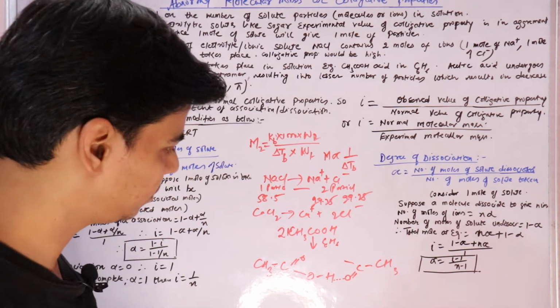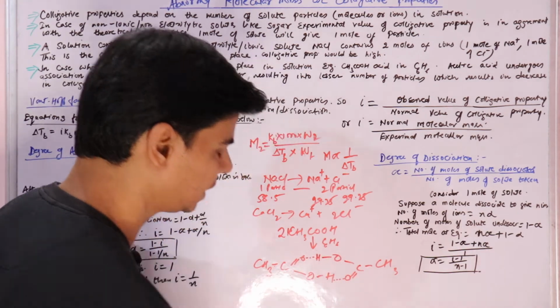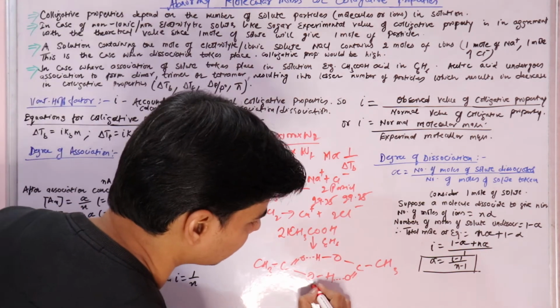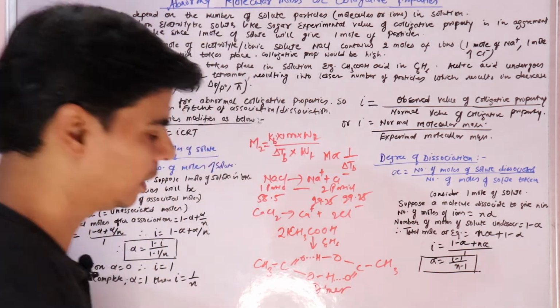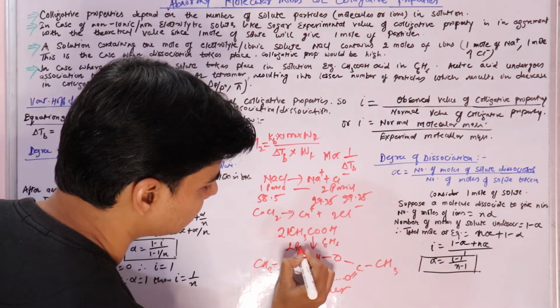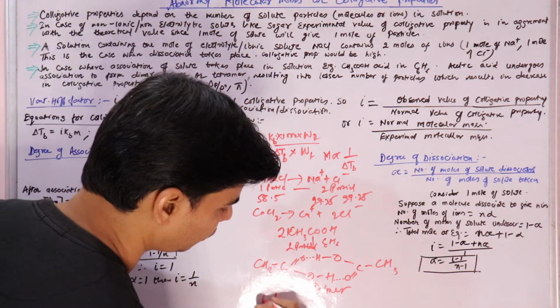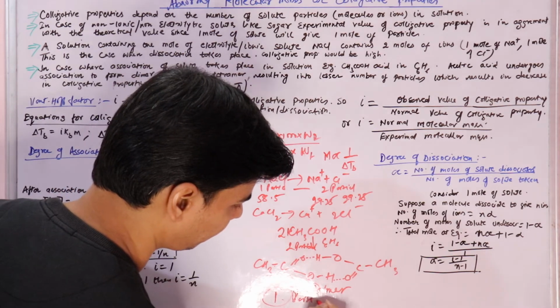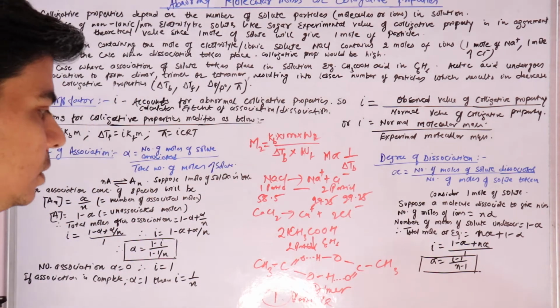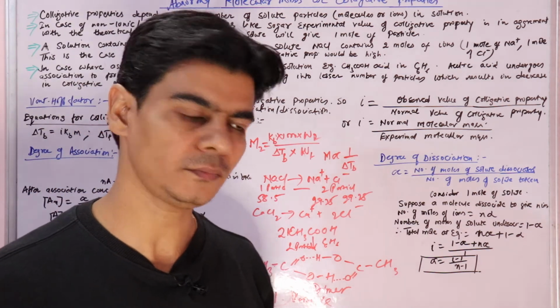This is hydrogen bonding between the molecules of acetic acid. So it forms a dimer, right? So here 2 particles underwent association to form one bigger particle. Yes, one bigger particle. So here the number of particles has decreased, right?